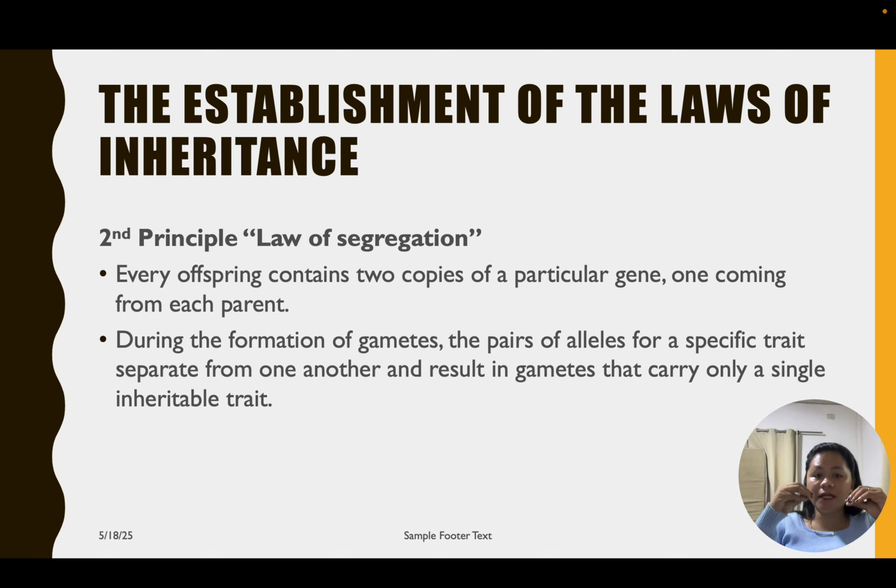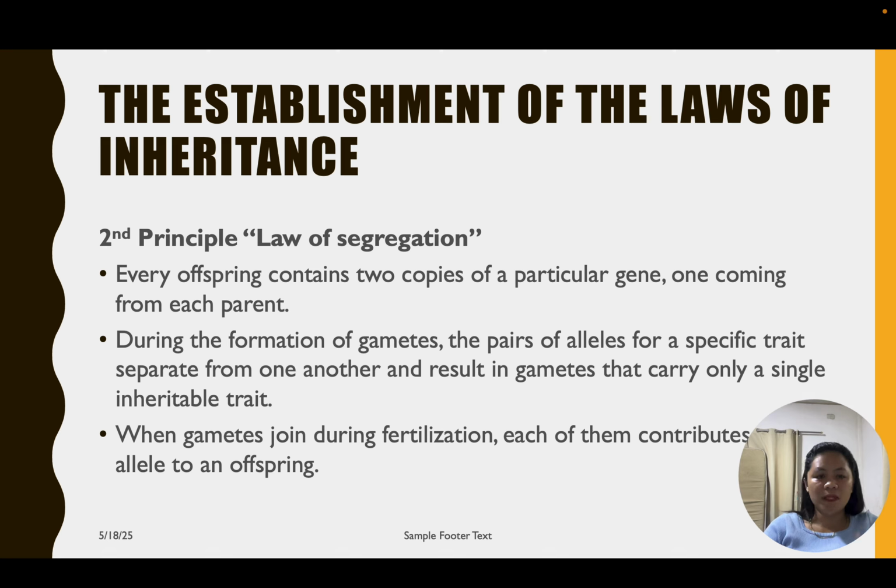This single inheritable trait will be paired up with a specific gene that is coming from the other parent. When gametes join together during fertilization, each of them contributes to the offspring. So again, 50-50 talaga yan.